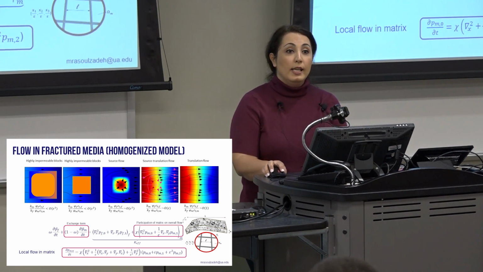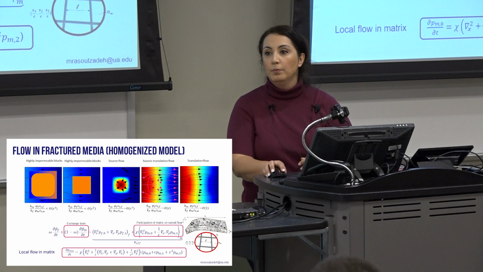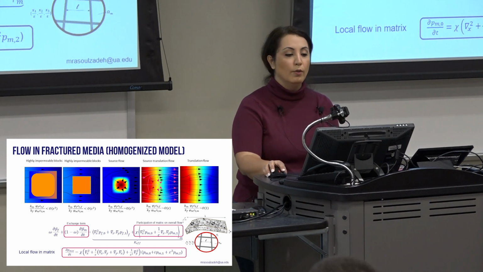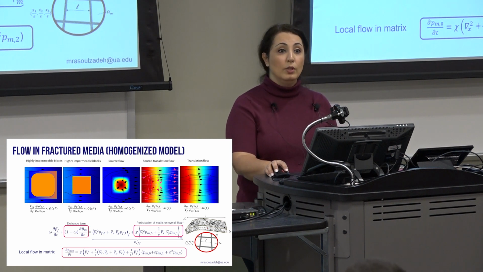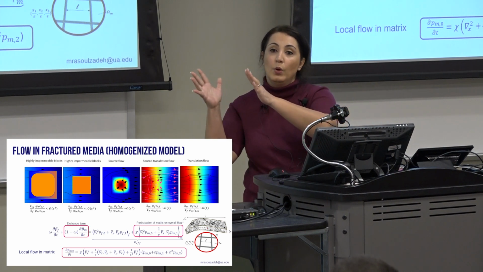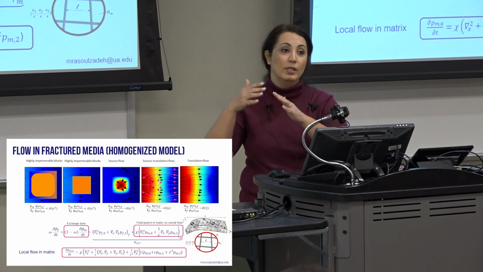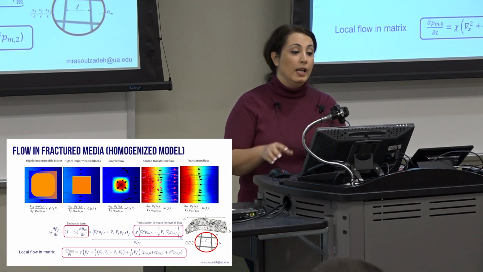The intermediate case is where matrix in the beginning behaves like a source and then later contributes to the overall flow. Even in these cases, for example when the matrix is completely excluded from the fractures, that's not the only case. These all go toward the parameter lambda, which was in dual porosity showing the ratio of permeabilities.